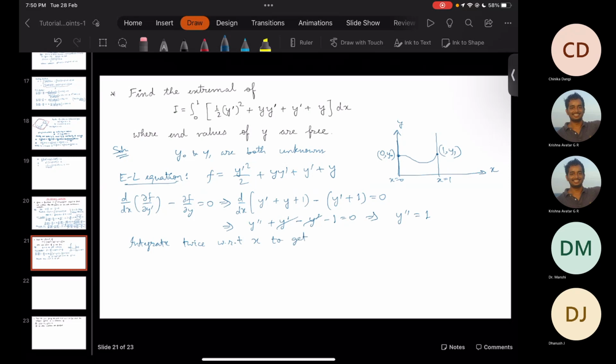The first integration, dy/dx, gives x plus some constant A. Integrating once more gives y of x is x squared by 2 plus Ax plus B. Fine.